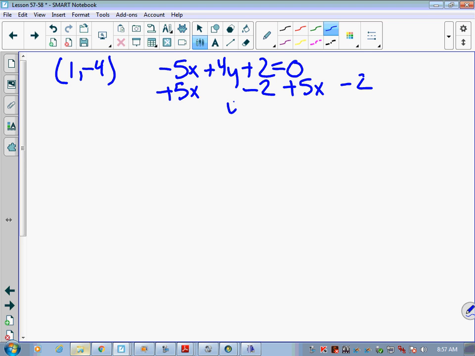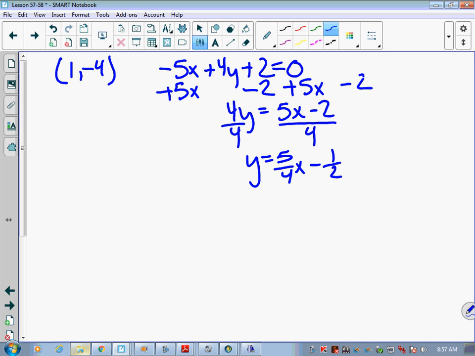All right, so it's going to give me 4y equals 5x minus 2. How do I move the 4 over? Divide by 4. So we get y equals 5/4 x minus 1/2. All right, so that's our first equation.